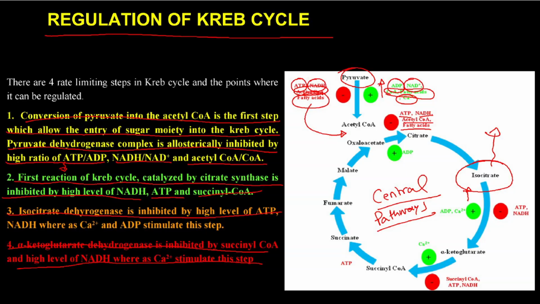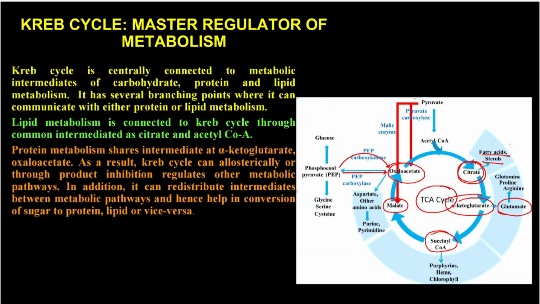Whatever energy is left will be utilized and more energy will be needed, so you start producing energy. In that case, the cycle will run as it should. That is why calcium acts as a stimulus for these steps and for the proceeding of the Krebs cycle. Okay.